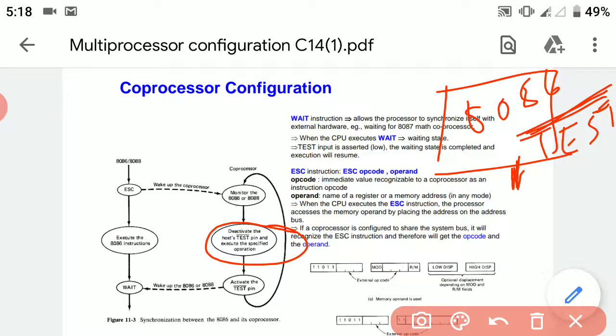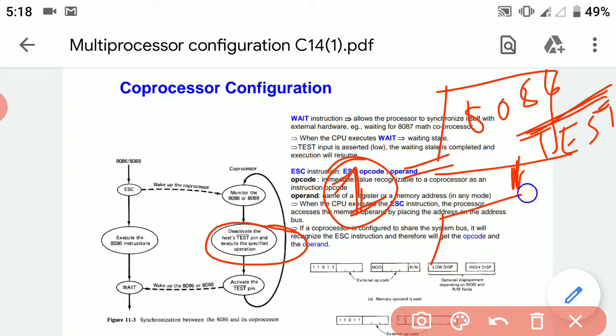It will deactivate this test pin, that is, this test pin will now be at digital 1 state because it has a complement sign over it. So for deactivation, this pin should be at the digital 1 state.